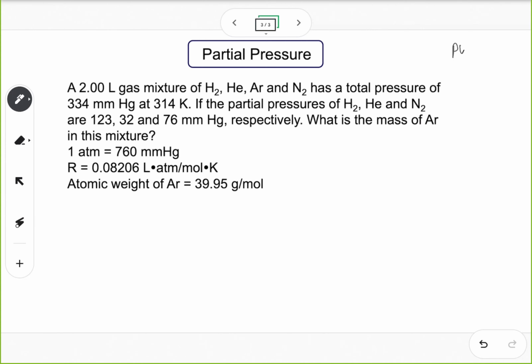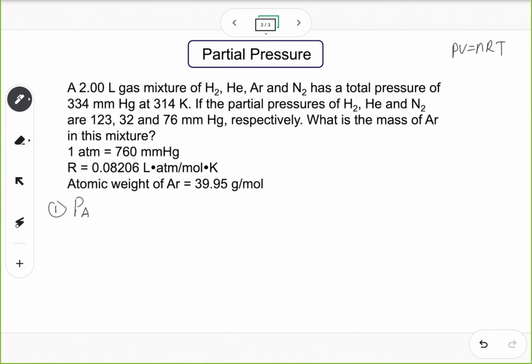Remember the PV equals nRT. Although mass is not directly involved in this ideal gas law, if you know the mole number of the argon, then by using the formula weight of argon, you should be able to find out the mass of argon. So our final goal is to find out the mass, but our intermediate goal is to find out the mole number of argon. Let's write it here so we have a clear target.